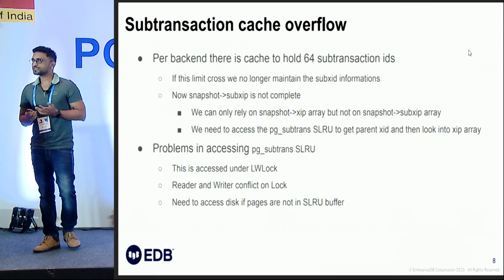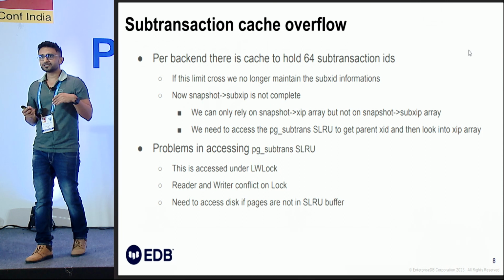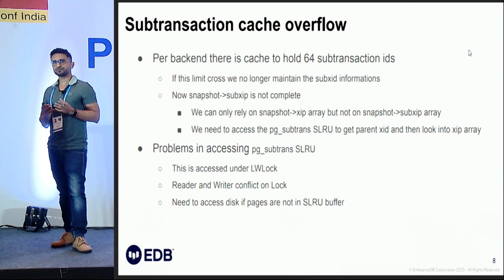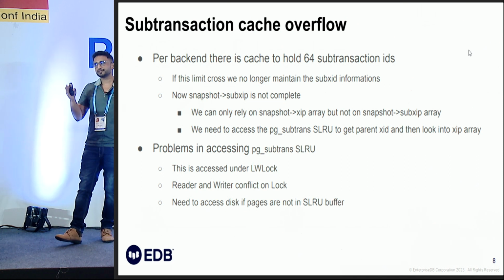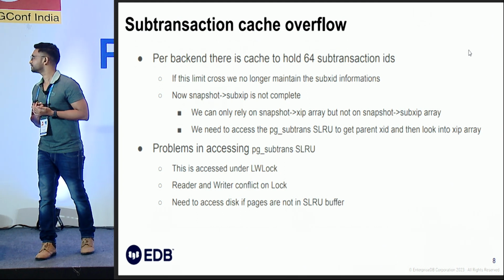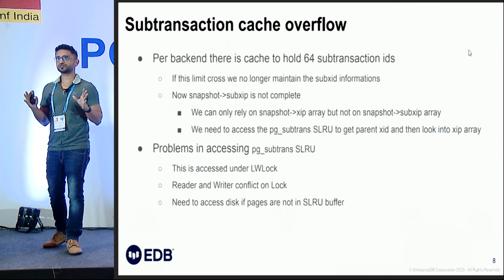Now, what is the problem of subtransaction cache overflow, and when does it happen? A couple of slides before, we saw that each backend has the information of its XID, and can also maintain 64 subtransaction IDs. That information is copied into the snapshot, and we assume the snapshot is complete.